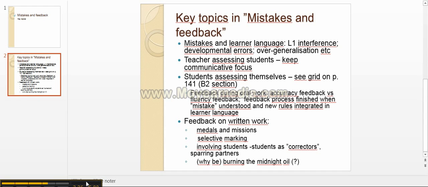You can also give feedback on accuracy, and if you do that gently, then it's all right, because you also want the students to think about their language and think about getting things right. Not in the beginning, but at the end, they constantly work with getting things right.